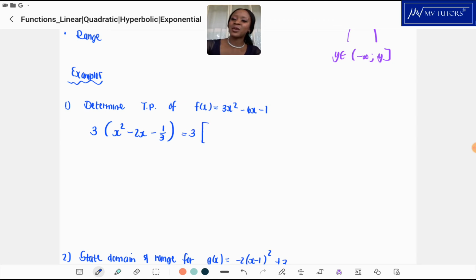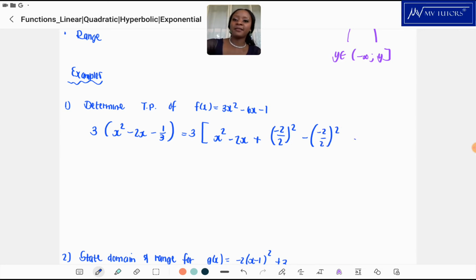Okay, so let us start. Let me just use square brackets. With completing the square, what you do is you take the coefficient of x. So I'm going to say plus, I add, the coefficient of x, which is minus 2, divided by 2, and then squared. And then the very same thing, I subtract. So negative 2 over 2, and then I square.